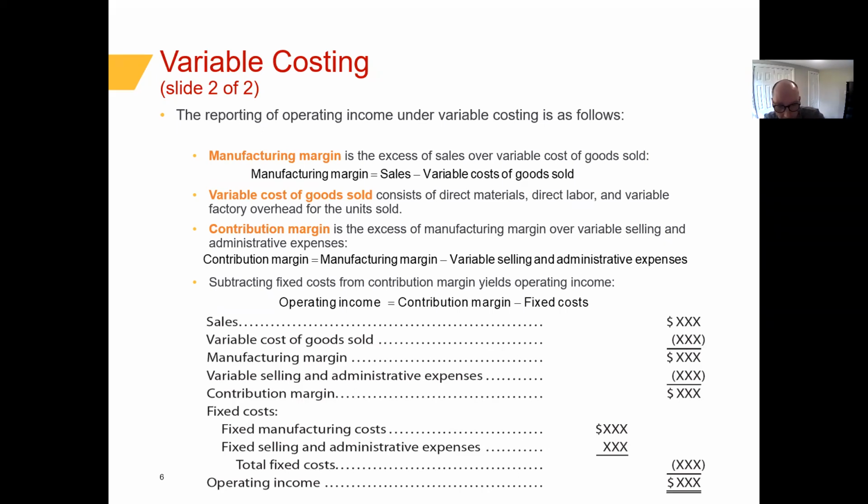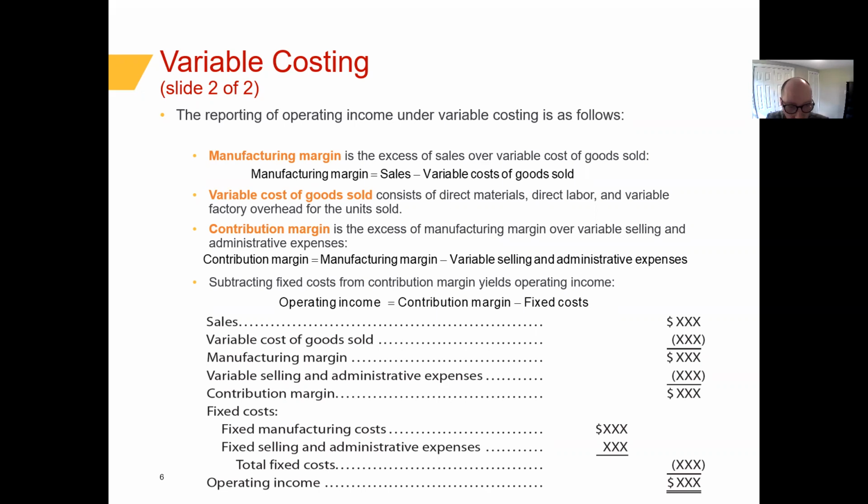Our fixed costs are recognized as period expenses under variable costing because fixed costs do not change regardless of the level of output. So we have contribution margin minus our fixed costs. We have fixed manufacturing costs, which is the same as saying fixed factory overhead.